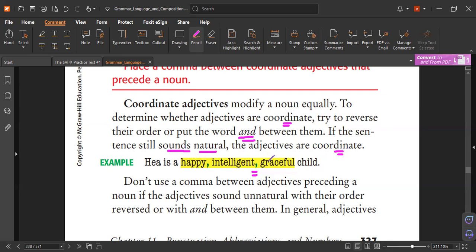If we use and, it means the change can change the meaning. Did you catch it? Here, if I change the order, it gives the same meaning. So don't use and. We use and if the change of the order changes the meaning.